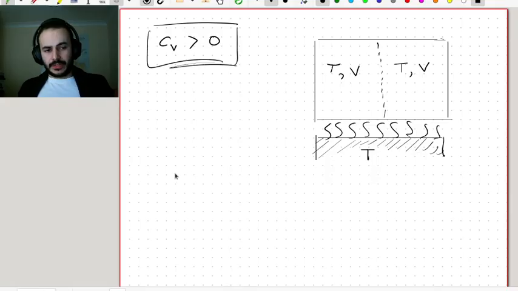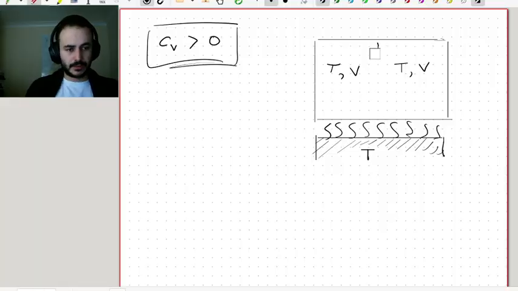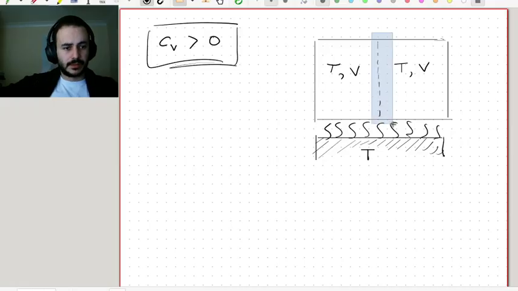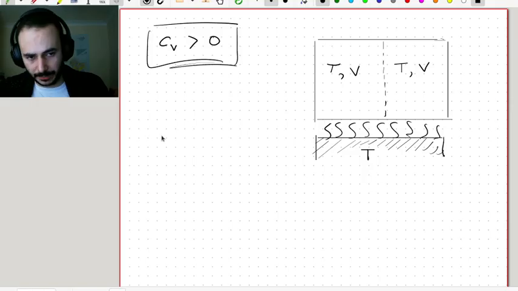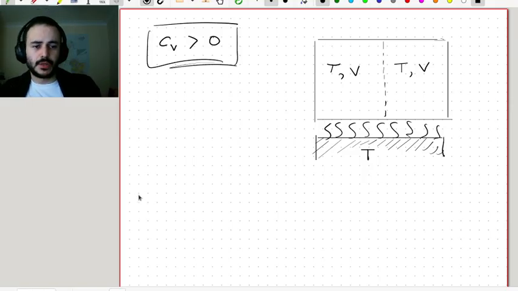So let's imagine now that there is an imaginary process in which this wall here, which is purely imaginary, there's no real wall here, I'm going to move a little bit to the right, so that the left-hand side system is expanding at the expense of the right-hand side system contracting, because we know that the total volume has to be kept constant.